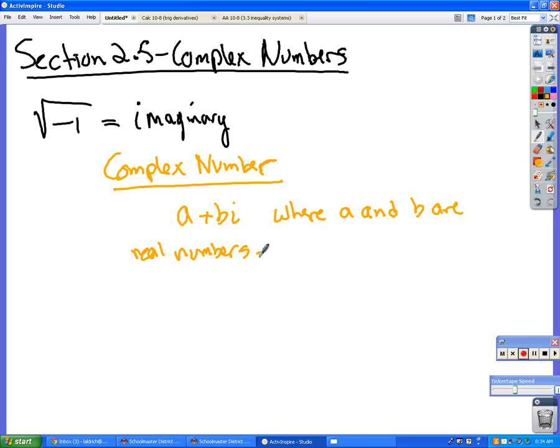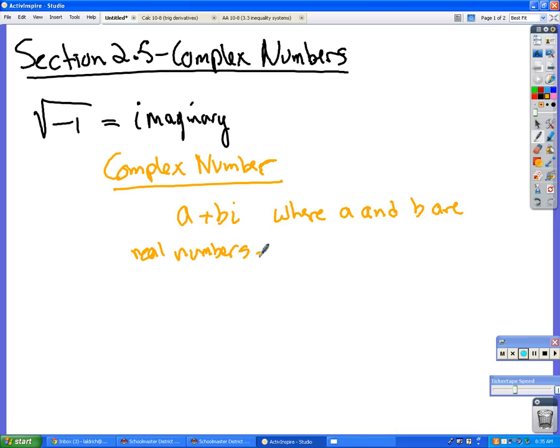So if you have a number plus a number times an imaginary number, those two things get put together to be called a complex number. So a plus bi is a complex number.